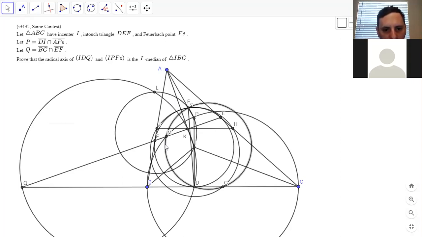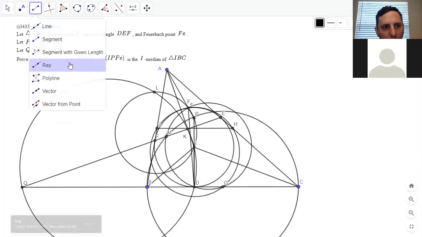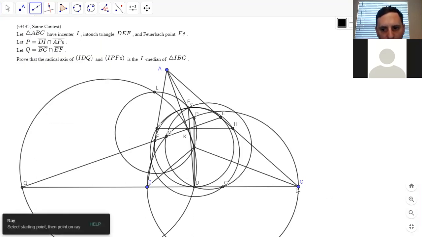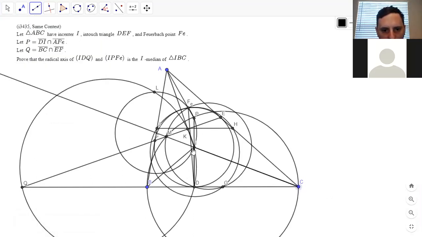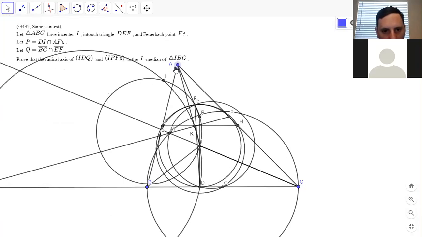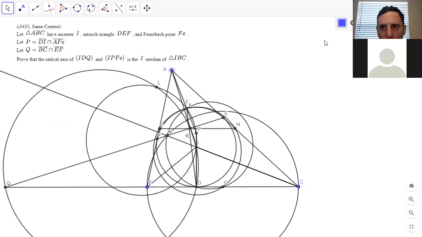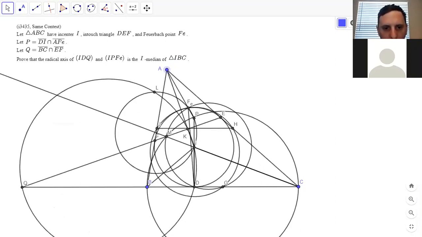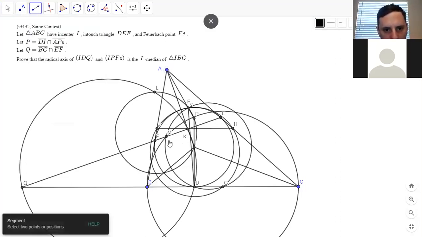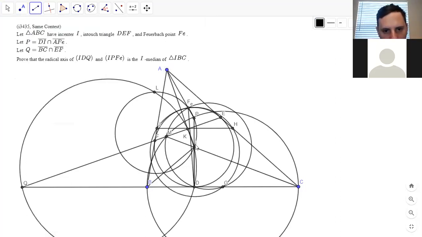This is the fine and passes through M. But inversion of FE lies on EF. Oh, it looks like the Feuerbach point, CI and M are collinear. Okay, inversion of EF lies on what? The Feuerbach point, the inversion of that point lies on EF.